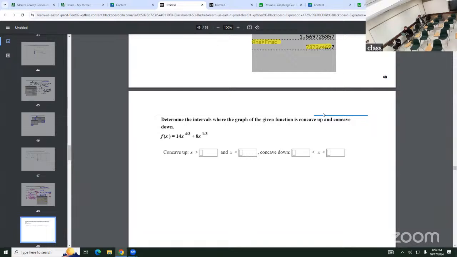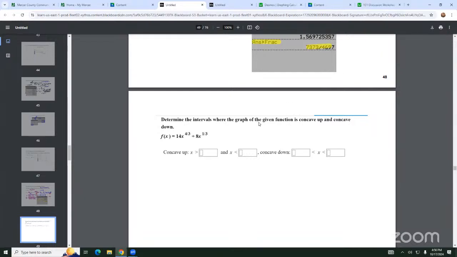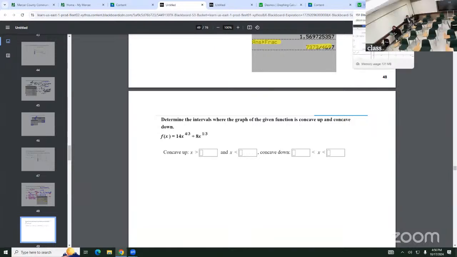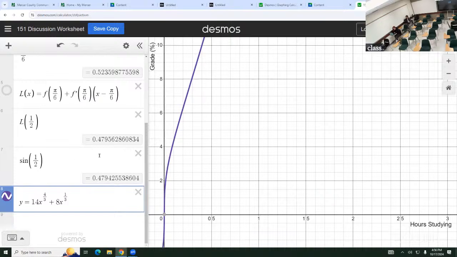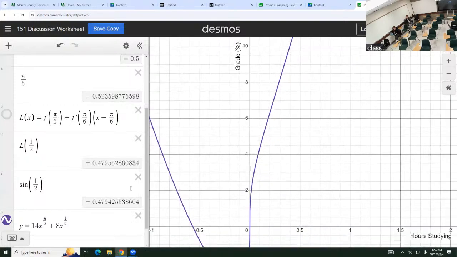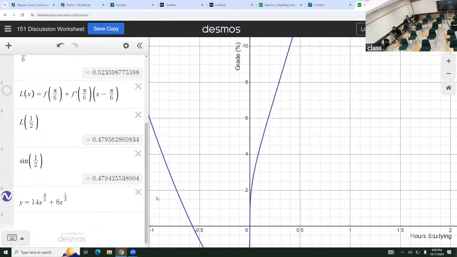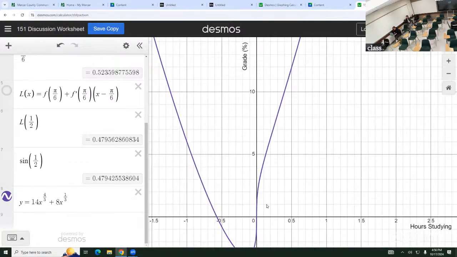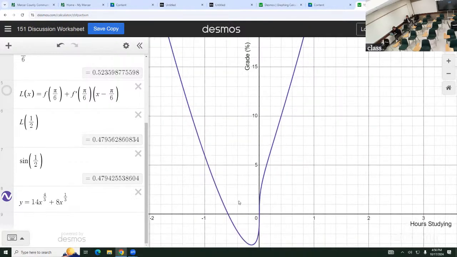Yeah, it's asking you where is it concave up and concave down. Right. So what do I need to do in Desmos to find that out? I put the function in. I'm looking at a graph of the function, but I need to know when is it concave up and when is it concave down. How do I figure that out?